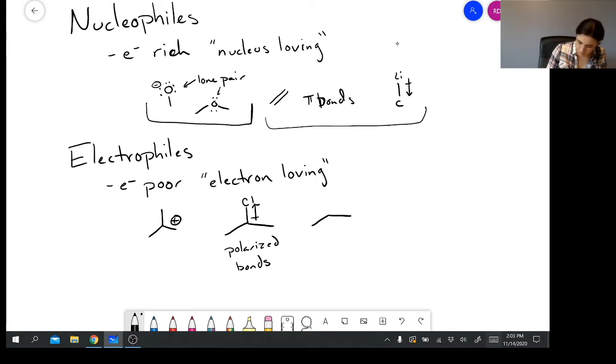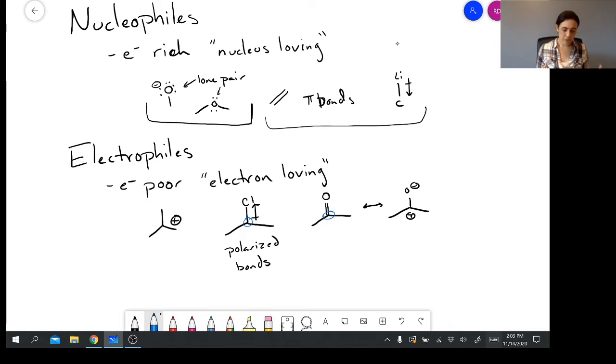You can also see these carbonyls are a great example of this, right, where they have a resonance structure that has positive charge on the carbon. So these centers here are electron deficient. So if you have something electron rich, this is going to be the site that they choose to attack.